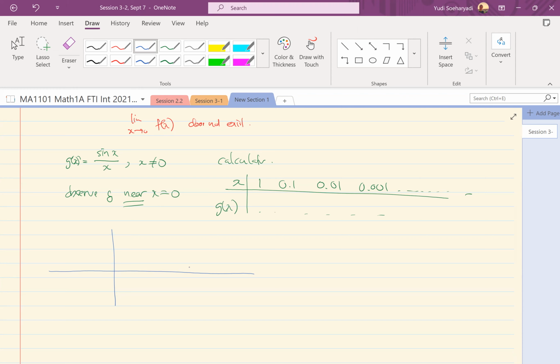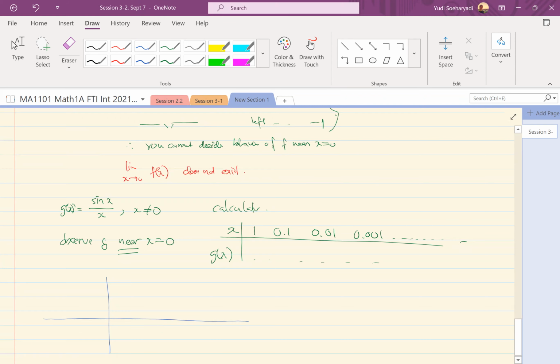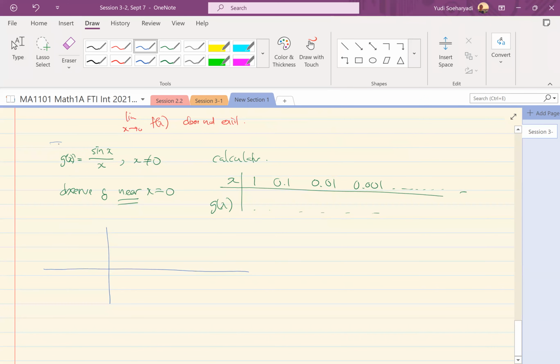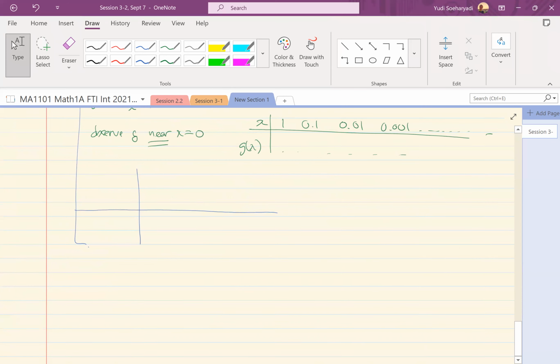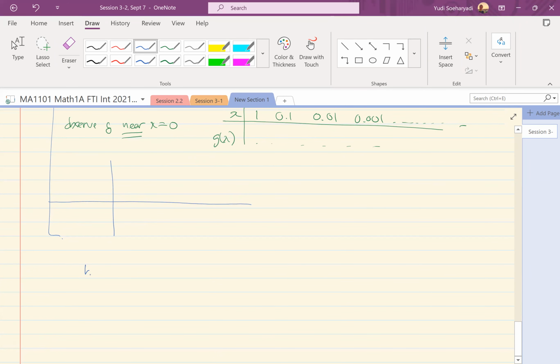Oh, sorry. I should say I postpone this example later. Postpone this one. Instead, I will be looking at these functions.